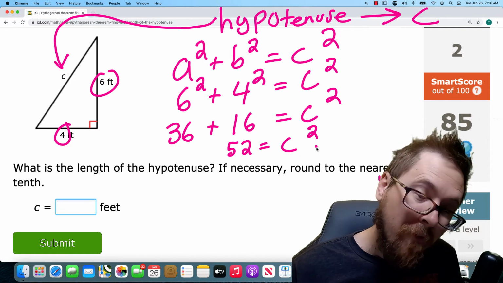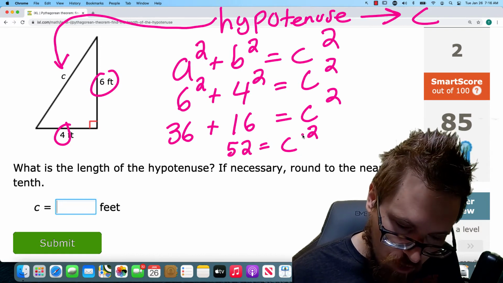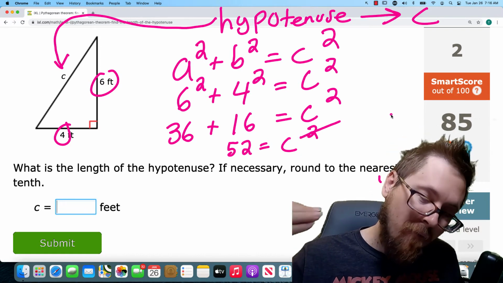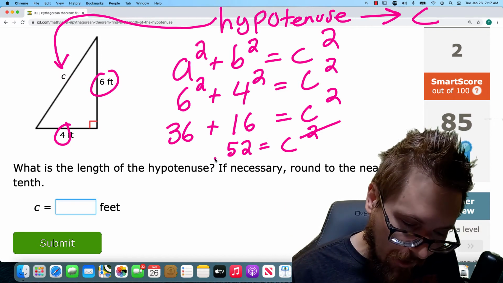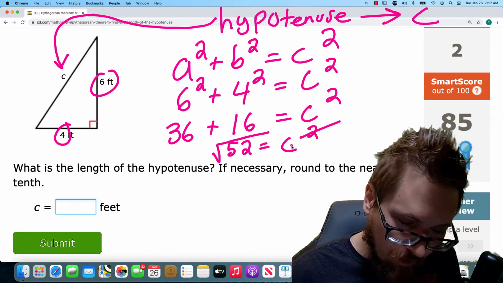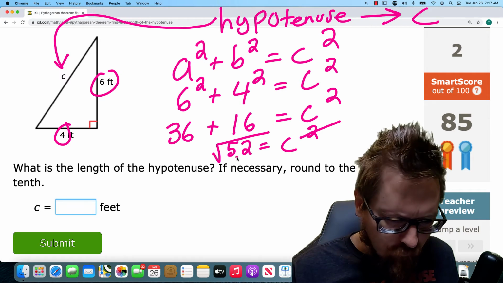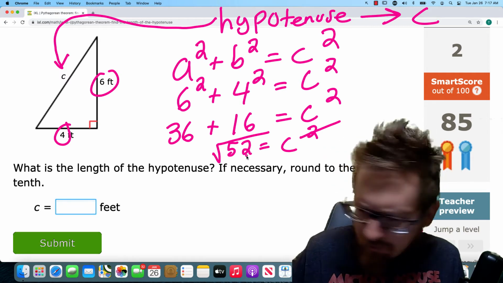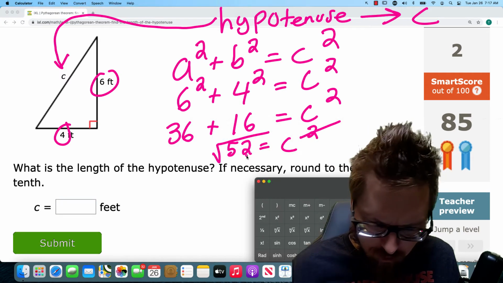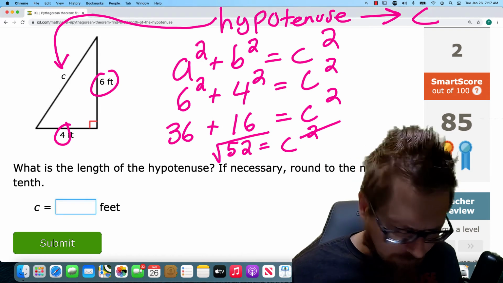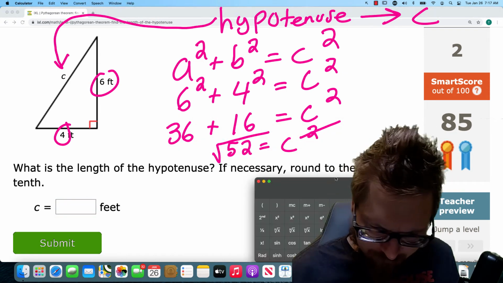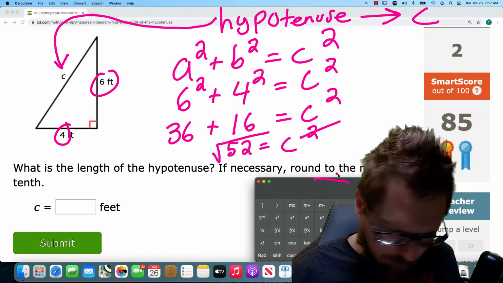So in order to find out C, we have to cross off the squared. And if I cross off one side, I have to do that to the other side. Now, interesting, 52. And I want to use my calculator for this part just to show you something here. So when you do this right here, I'm going to bring this calculator over.